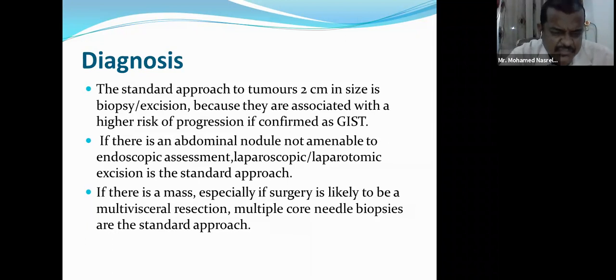Why? Because you can plan your surgery accordingly. If you are going to resect part of the large bowel and remove the spleen, it will be a very difficult surgery, and the patient needs to be well prepared before surgery. So the plan of surgery depends mainly on these multiple core biopsies.